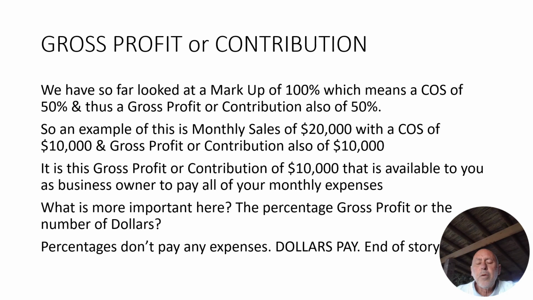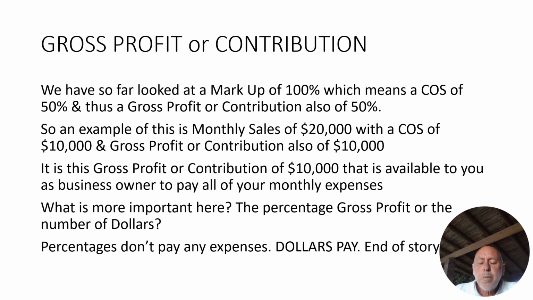That $10,000 contribution is the amount of money that you've got available to you as the business owner to pay all of your monthly expenses. That makes sense, eh? And this is the concept that I'm hammering in. What is more important here?